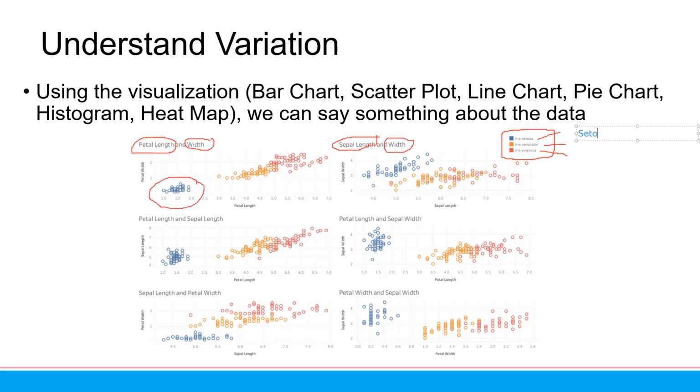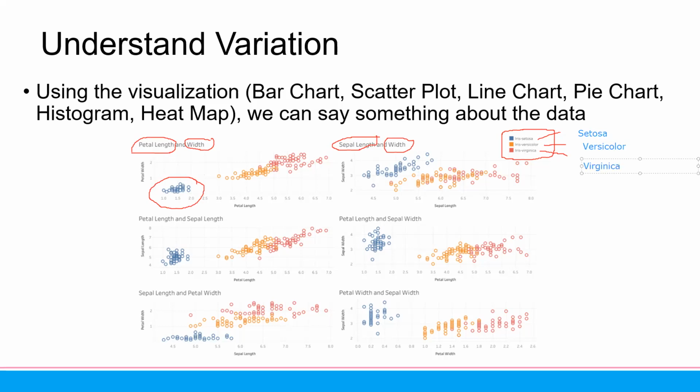Maybe the text is very small. The blue color is setosa. What about the orange color? The orange color is iris versicolor. And the red is the iris virginica.